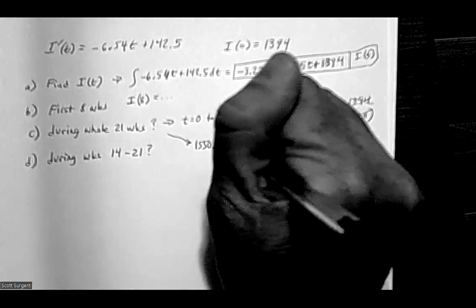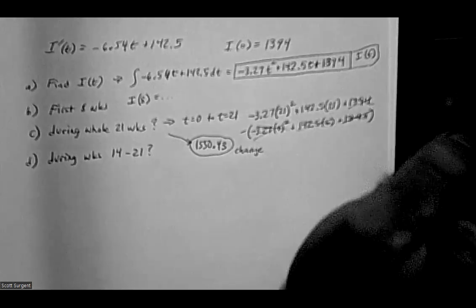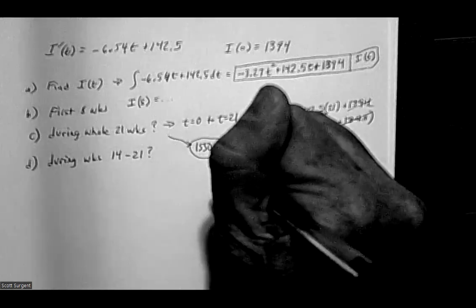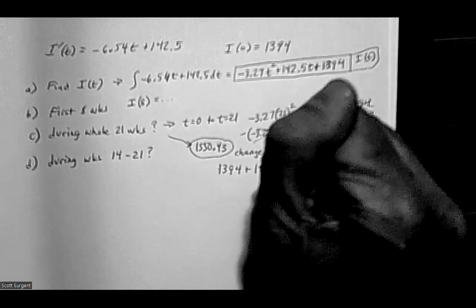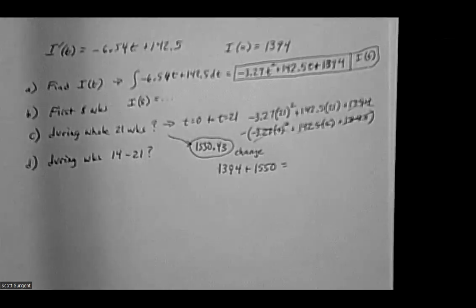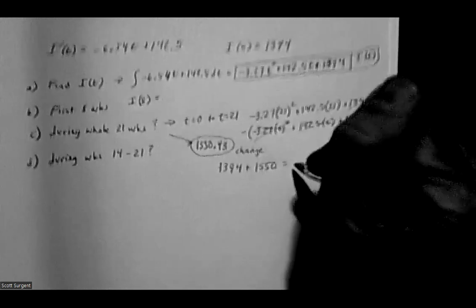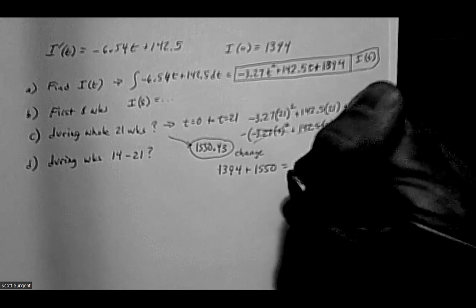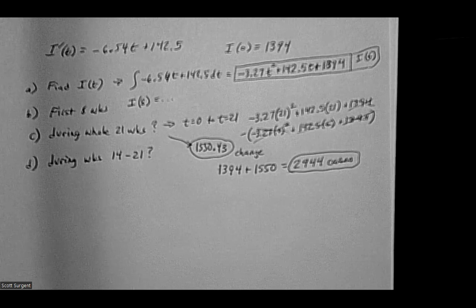Now that's the total change in cases. We know that it started off with 1394, so we add 1394. I guess I'll just round it to 1550. I get 2944 total cases. Does that make sense? I think it just wanted the 1550.